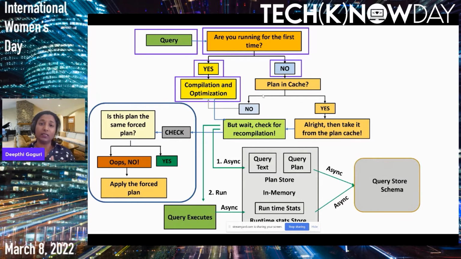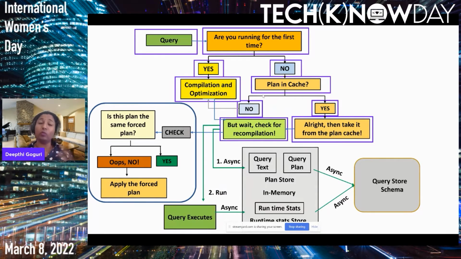On the other side, if it is not running for the first time, it will check if there is already a plan in the plan cache. If there is no plan in the plan cache, then it will go through the compilation and optimization phases again to generate a new plan. But if there is a plan already in the cache, then it will take it from the plan cache.